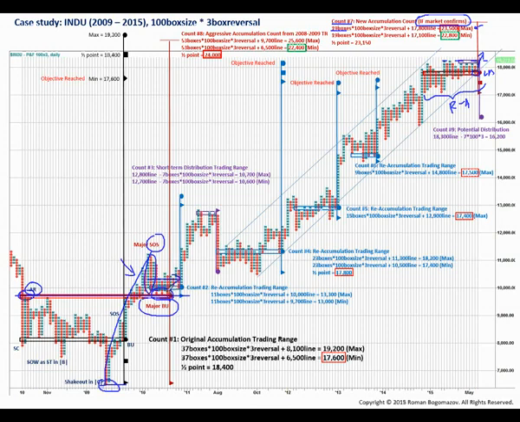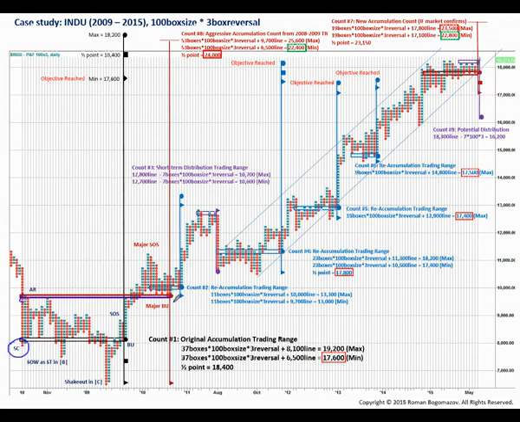So from this perspective, if we are thinking a major sign of strength and then a major backing up action, we can take a different count. We can take a larger, more aggressive count from the lows in this backing up action across the whole trading range into the climactic action column right here.